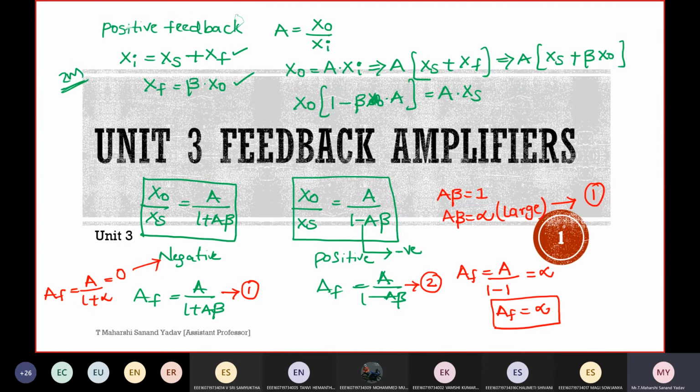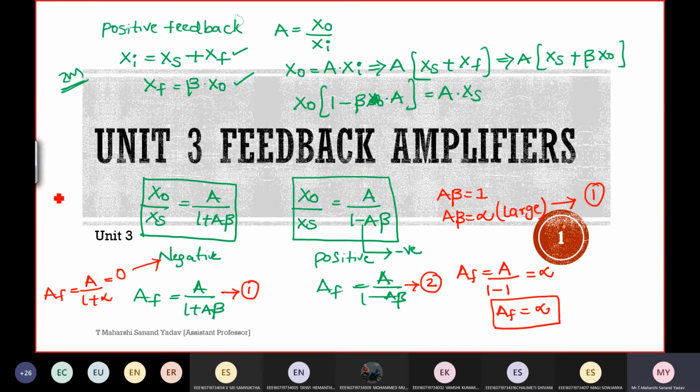Can you tell anything based on this? AF is equal to 0 for negative feedback. Just now, at the starting of this chapter, someone asked whether gain is increasing. Here, what is happening to the gain in case of negative feedback? Decreasing. Gain is decreasing. That is important.